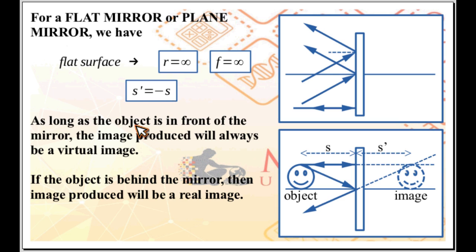If the object is in front of the mirror, the image produced will be behind the mirror, which means the image produced is a virtual image.